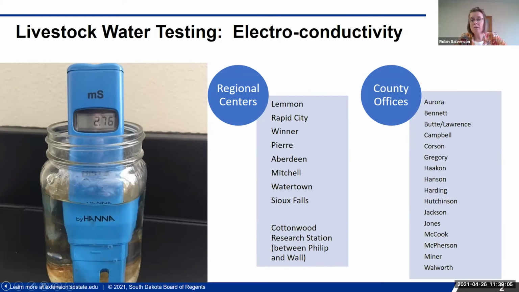To bring in a sample, as you can see, this particular picture has just a glass jelly jar or a canning jar, and they have brought the water in that type of container. You can also bring in a pop bottle or a water bottle for us to be able to do that quick test. All you need to do is collect it for us and put it in any type of container.